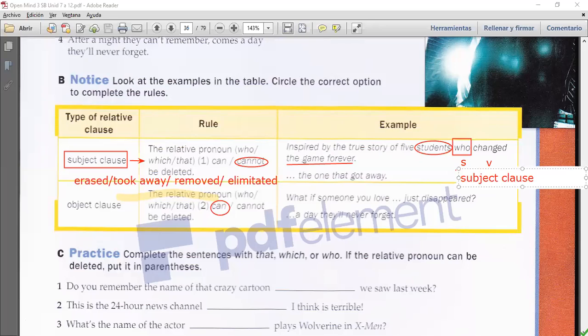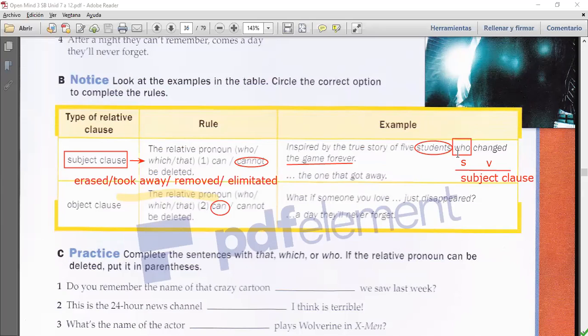That is the subject relative clause, because it's one of the types of relative clause. And it's who changed the game forever. It's not possible to delete who.